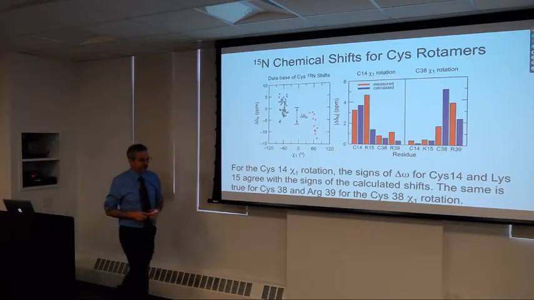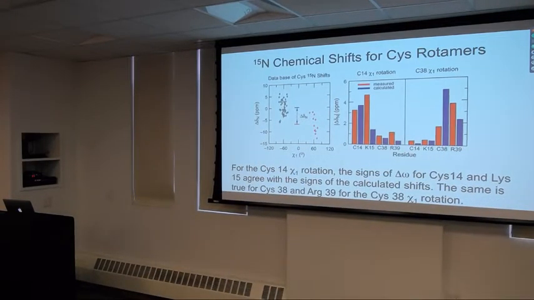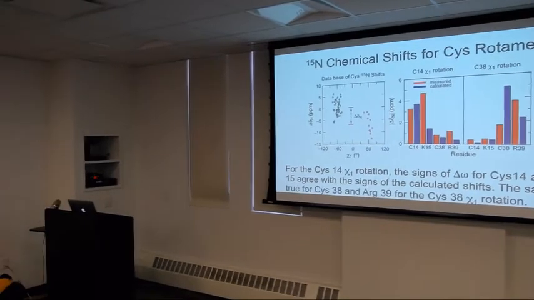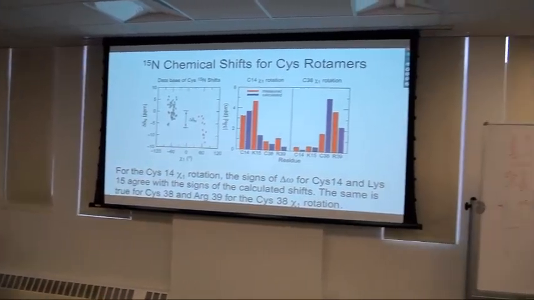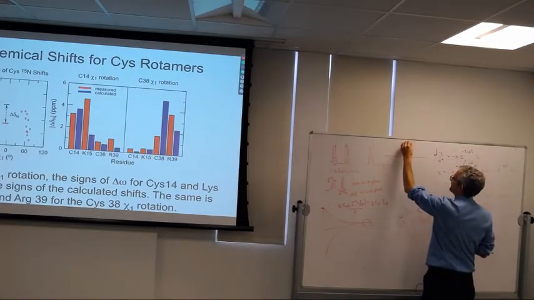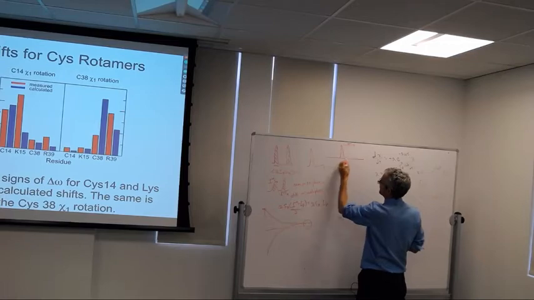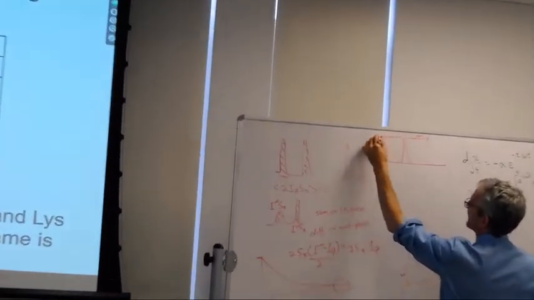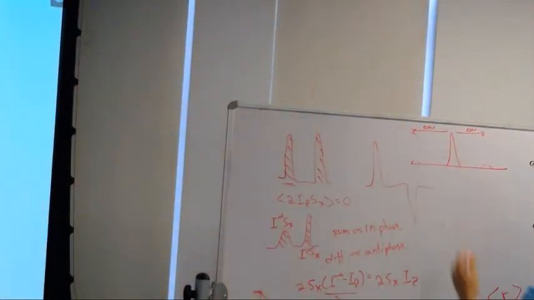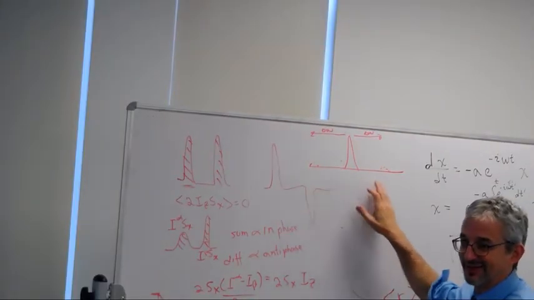So we're looking at some resonance. And we know the magnitude of delta omega, but that could mean that the invisible resonance was here or over here. And that's going to make a quite large difference in any kind of structure calculation.